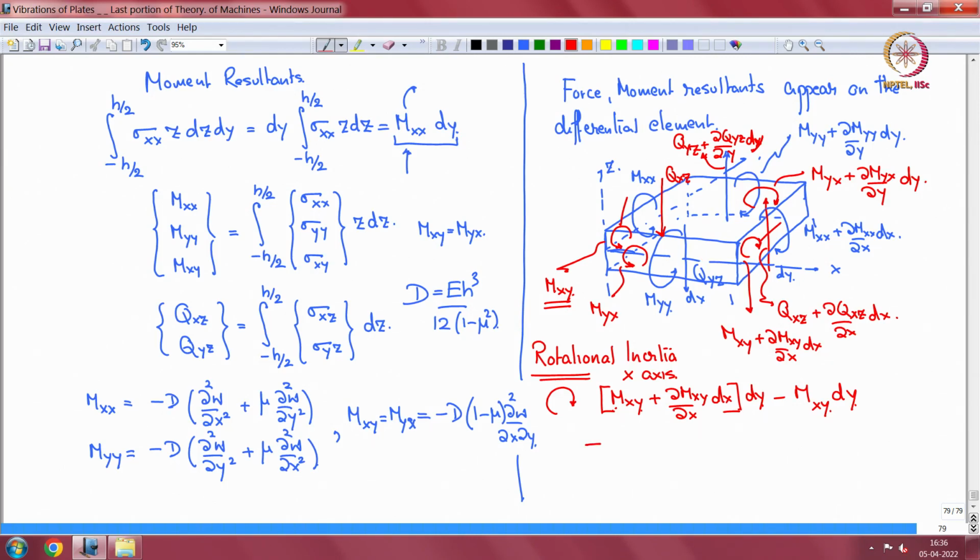So I get a minus QYZ. There is an incremented version, but that will not contribute. So I will do straight away QYZ into dx, which is the full force, into dy, which is the moment, equal to 0.